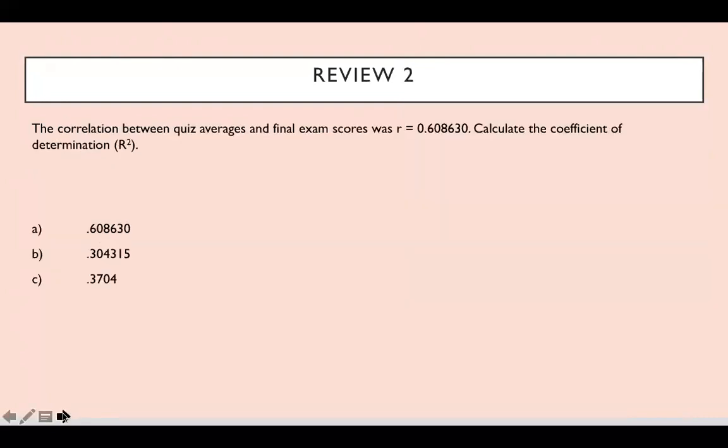The correlation between quiz averages and final exam scores was r equals 0.60863. Calculate the coefficient of determination.